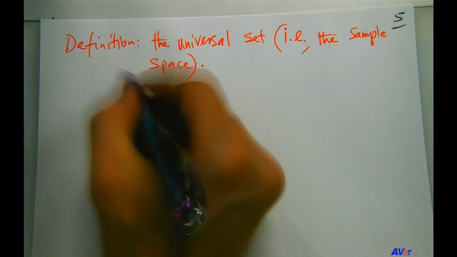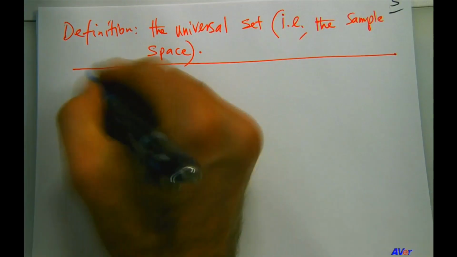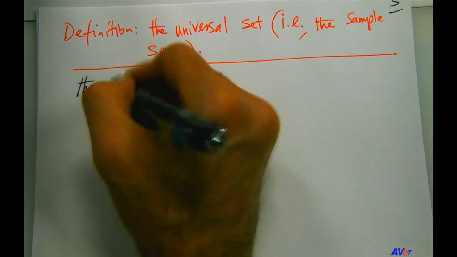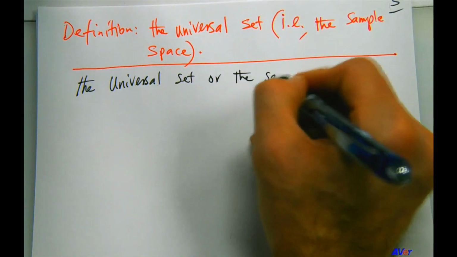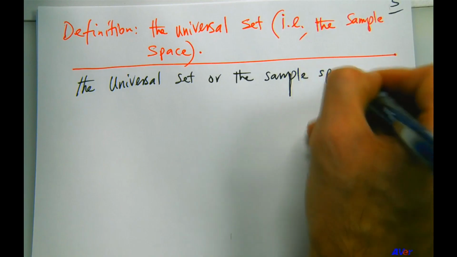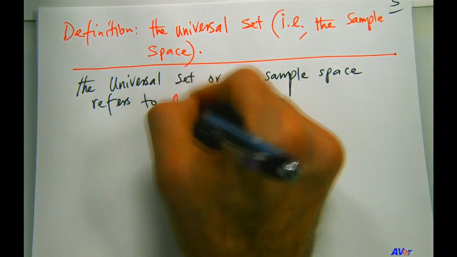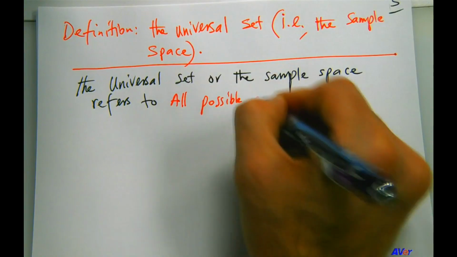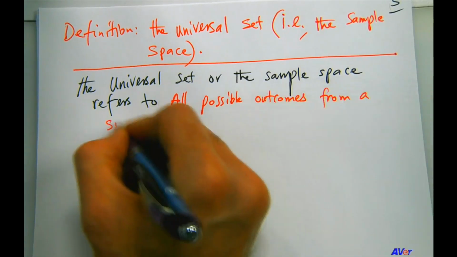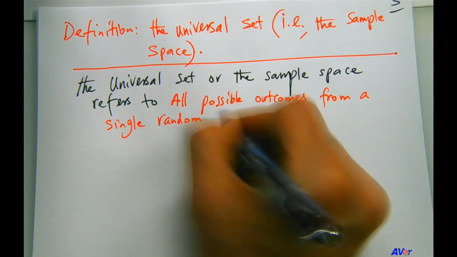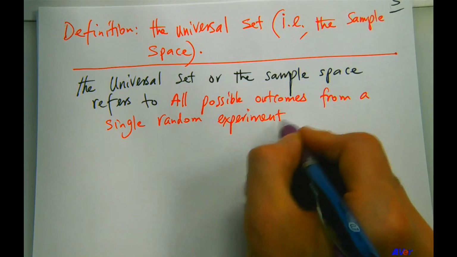Okay? But they're the same thing. Or the sample space refers to all possible outcomes from a single random experiment. Okay? That's that.